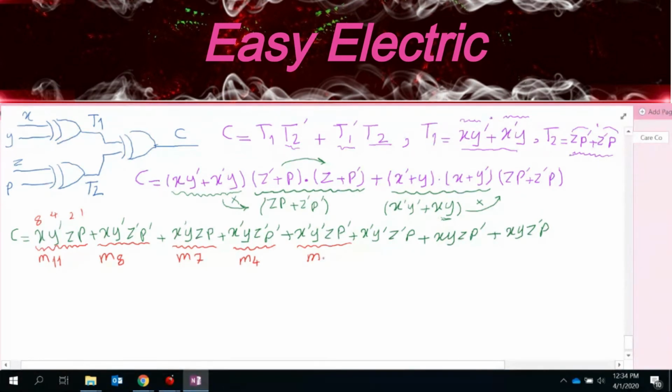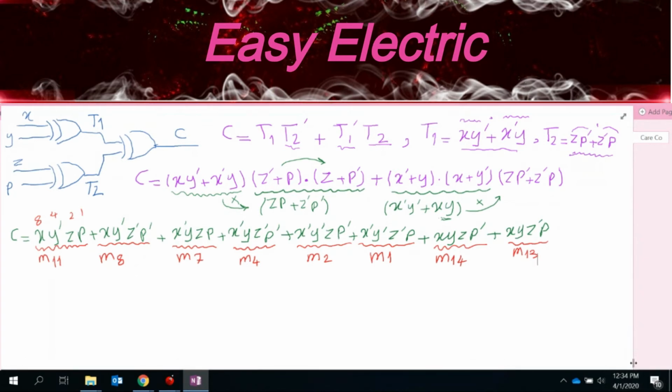M should be 2, right? M2. Yep. How about this? M1. How about this? Let's just be careful. Should be 14, 8 plus 4 plus 2. Yeah, that's right. That should be M14. How about this? It is 13. That's right. It should be M13. Okay.